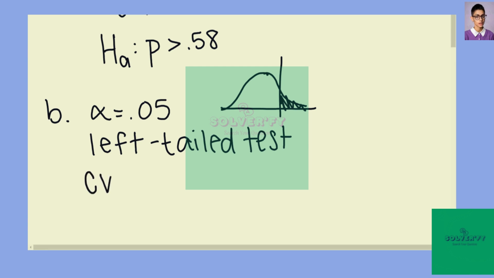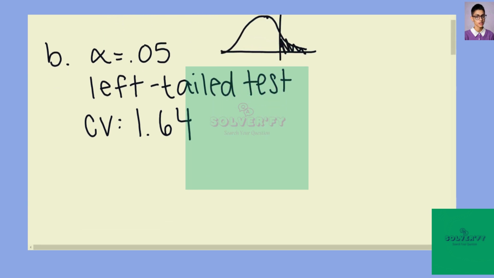So that means our critical value must be 1.6. And that's positive since it's left.